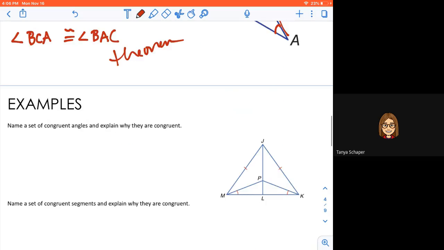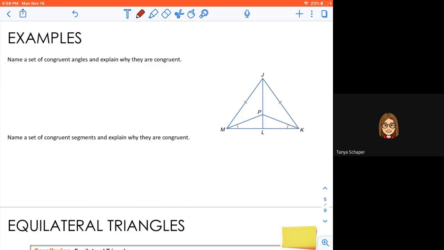All right, taking a peek at this picture, name a set of congruent angles and explain why they are congruent. Okay, well, we have angle PML is congruent to angle PKL, and that's because it's given, right?